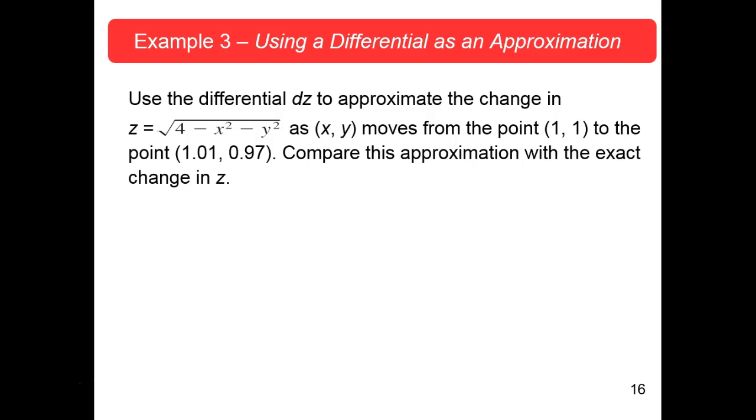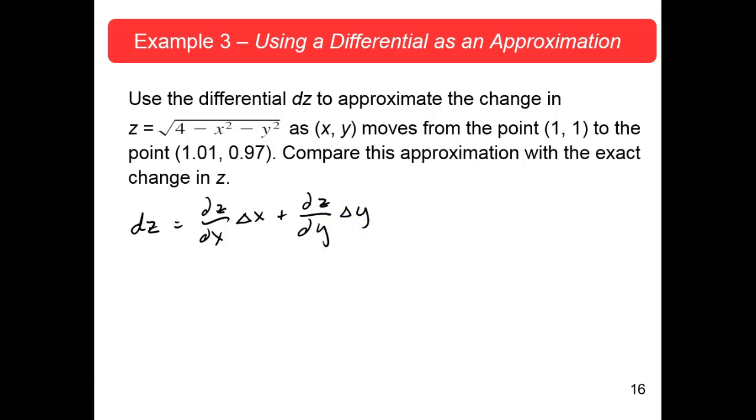So, we're going to use the differential first. What is dz, according to what we were just saying? Partial of z with respect to x times your delta x plus the partial of z with respect to y times your delta y. Yeah, that's it.